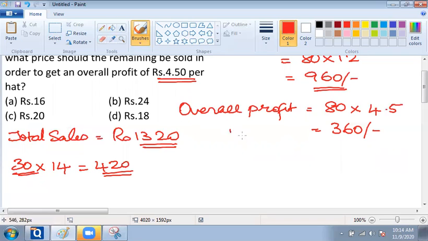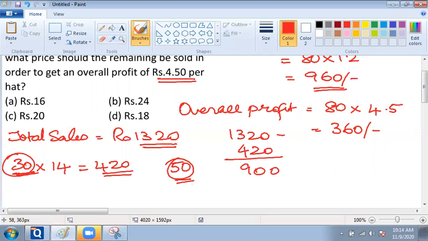So 1320 minus 420: the total sales amount pertaining to the remaining 50 hats will be equal to 900 rupees. The total number of hats under consideration is 80, so we have 50 plus 30, that is equal to 80.